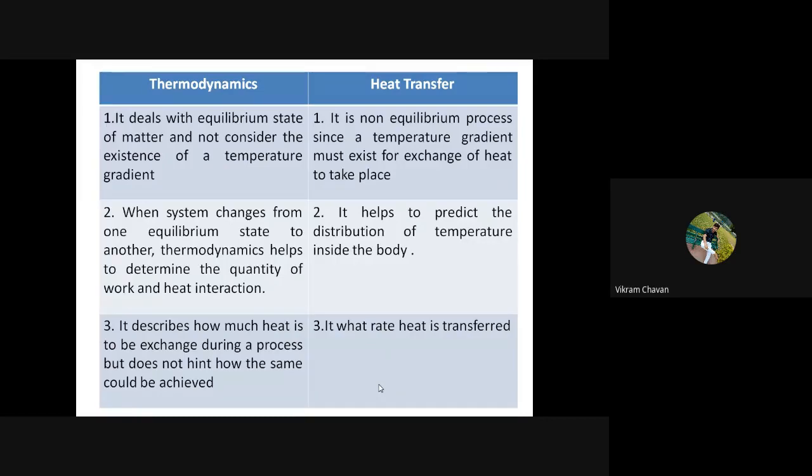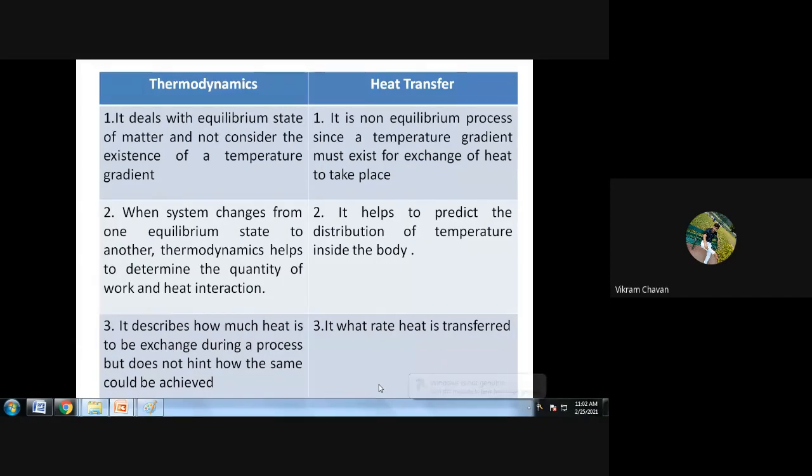To transfer heat, a temperature gradient or temperature difference is the most important requirement. So heat transfer is a non-equilibrium process, since a temperature gradient must exist for exchange of heat to take place.